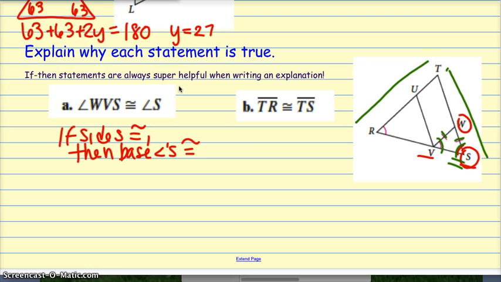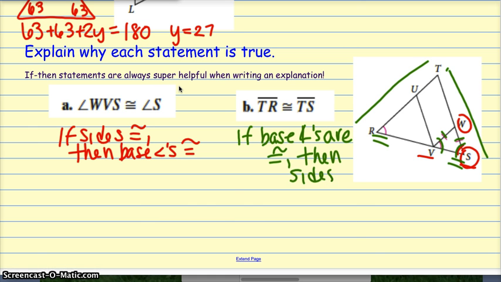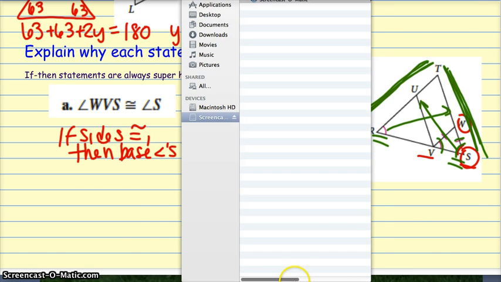There's now a single mark at S, and there's also a single mark at R. So I'm going to go backwards and say that if base angles are congruent, then sides are congruent, which is true in this case. This whole long side has to be congruent to the other side because those base angles are congruent.